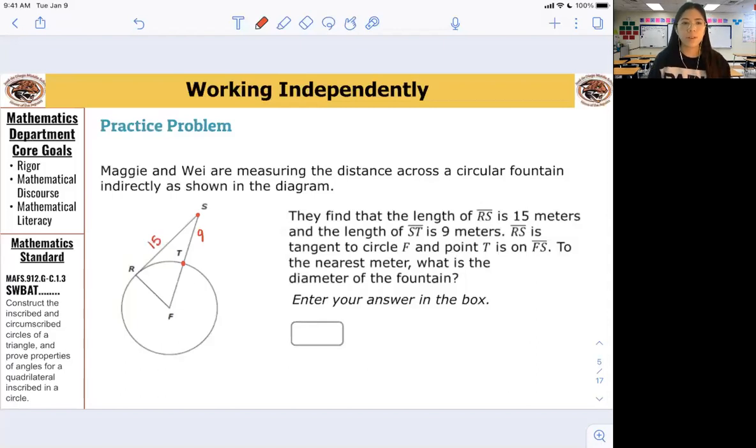Okay, so a couple different things. Since this is a tangent line, what do I know about this triangle? What type of triangle do I have?